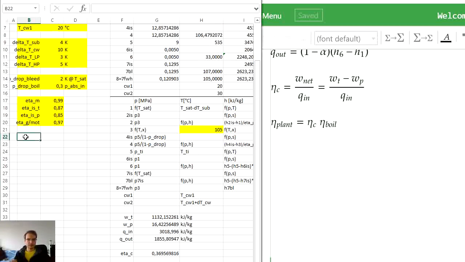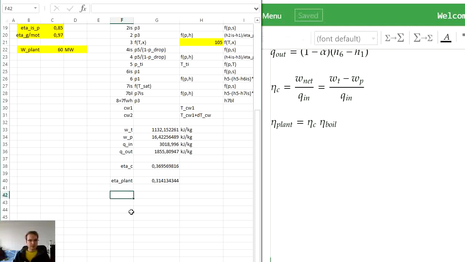Lastly, we will calculate some overall parameters. If we would want our power plant to have power output of 60 megawatts, we will want to get our heat input, amount of the coal that we need to burn every second, mass flow rate of the coal, and mass flow rate of steam going through our system.